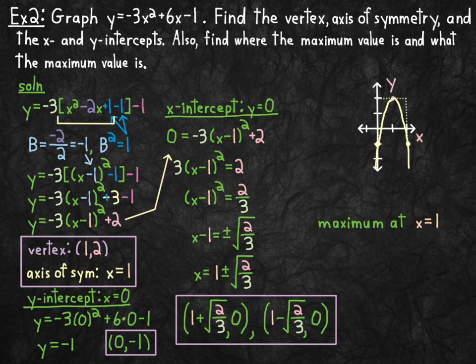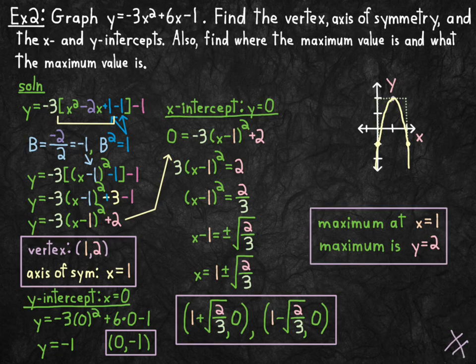What's its maximum height is what they mean. And so that's going to be at 2. So that's the y-coordinate of the vertex. Okay? So just a little bit of language that you have to be careful of there, because usually they only ask for one of the two, and you have to know which one to give.